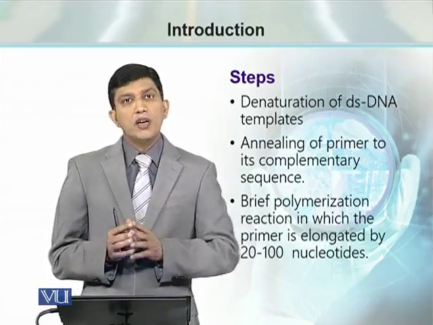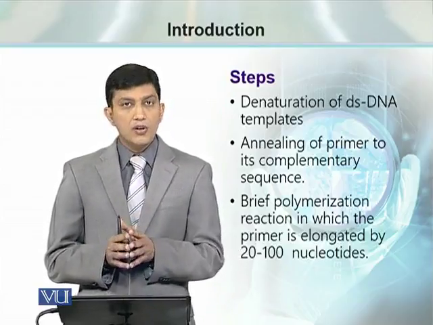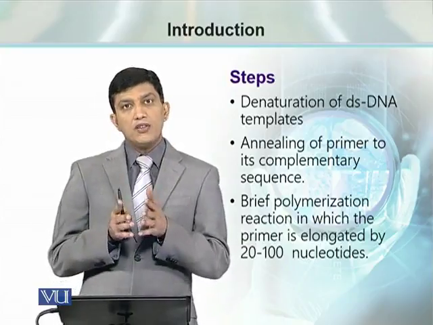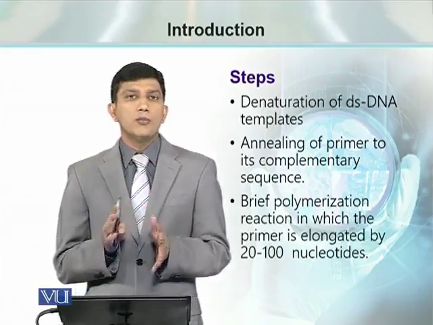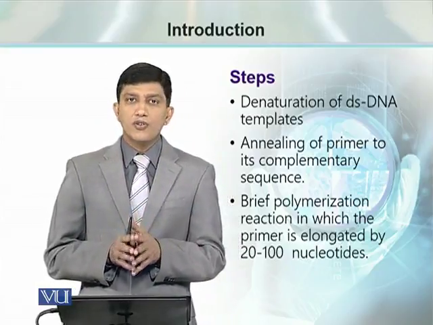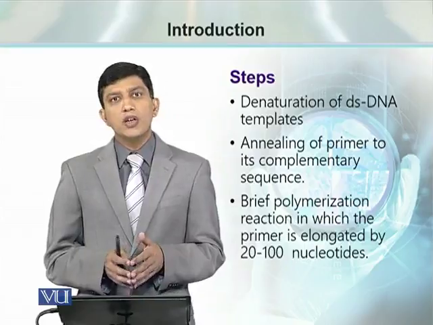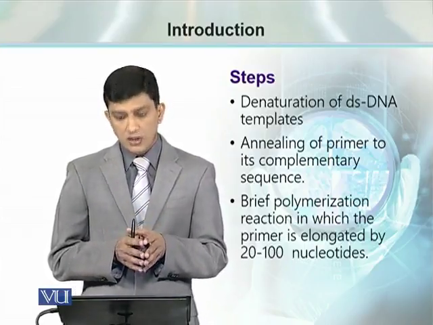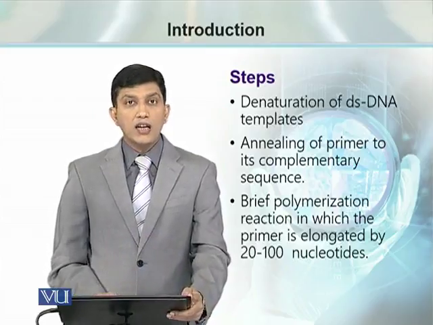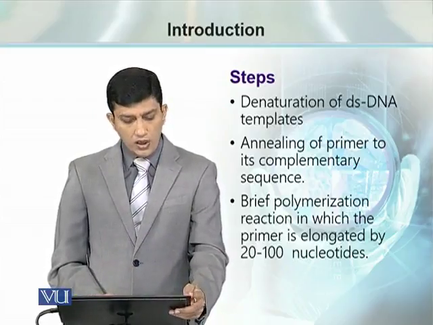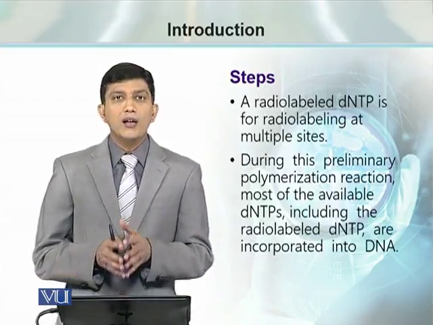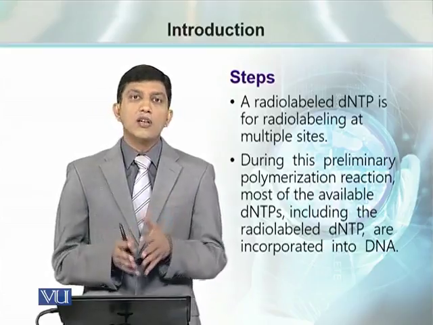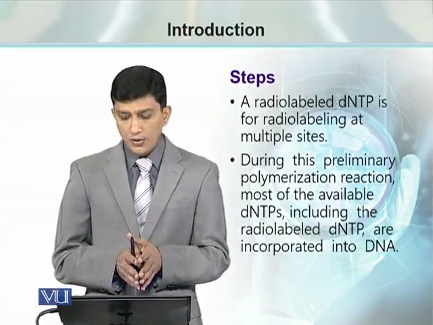The second step would be annealing of the primer to its complementary sequences, and the third step would be the brief polymerization reaction. Now this brief polymerization reaction is basically the step when we are going to label the primer, because during this brief polymerization reaction in which we add 20 to 100 nucleotides, we basically use one radiolabeled nucleotide which is normally dATP, but it can be any of the radiolabeled nucleotides.